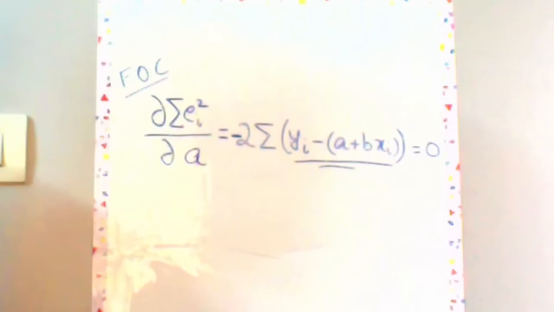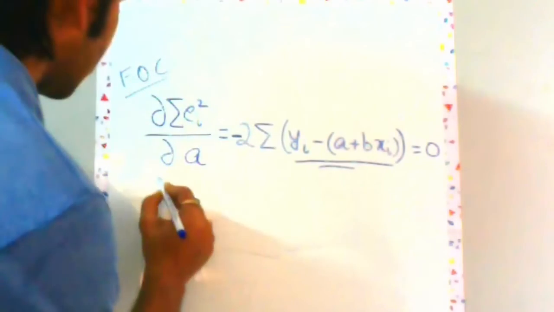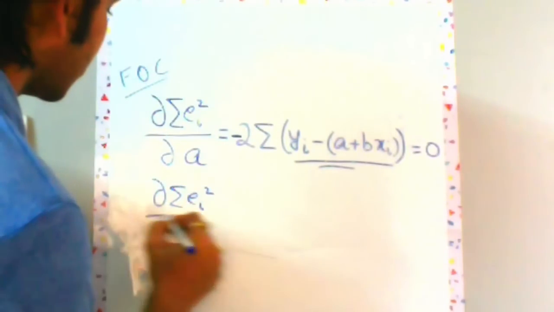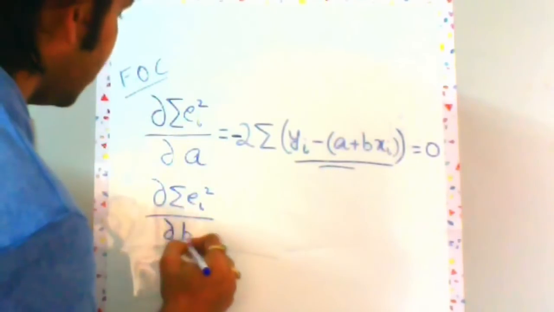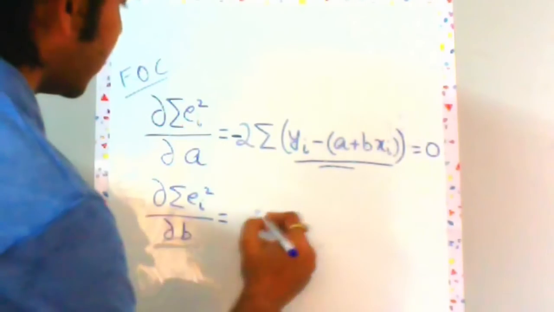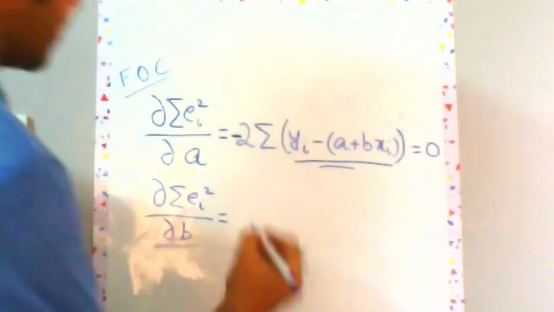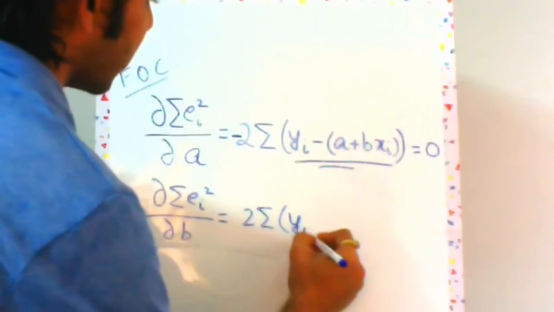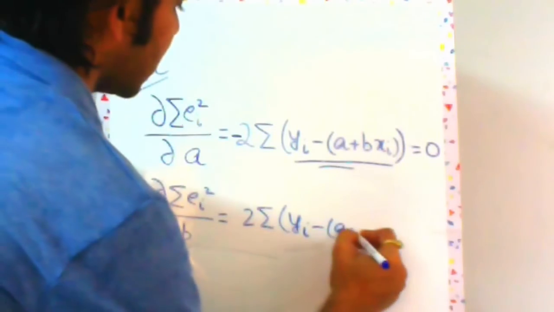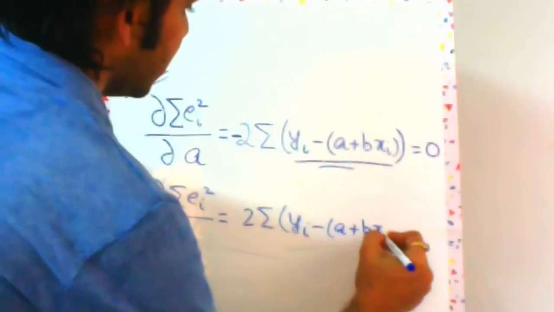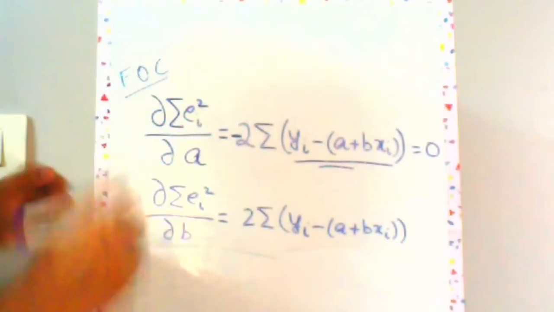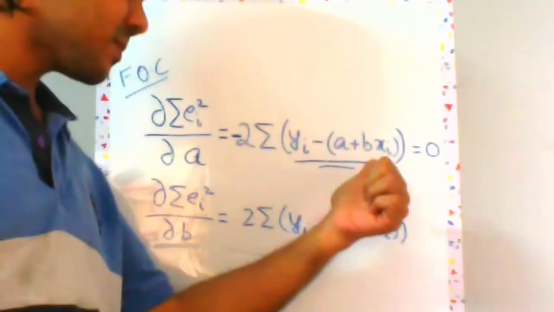So let's go to b now. Del summation ei square upon del b will give you, again 2 will come out, 2 summation yi minus (a plus b xi), and now you need to look inside.